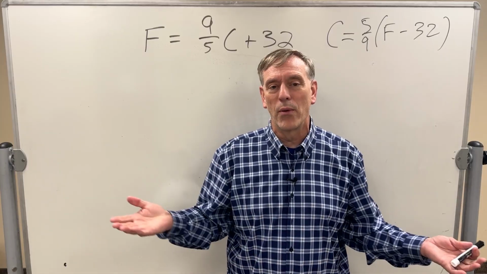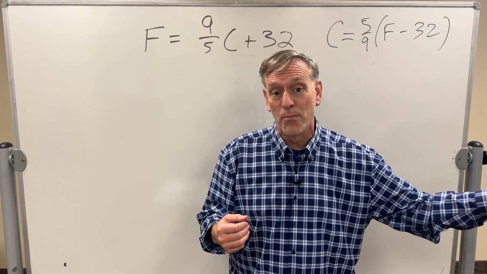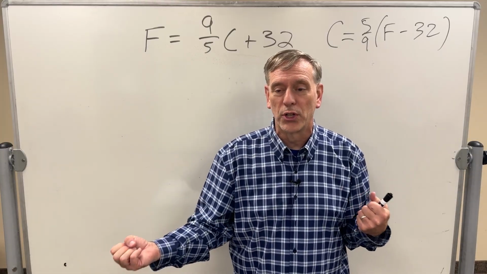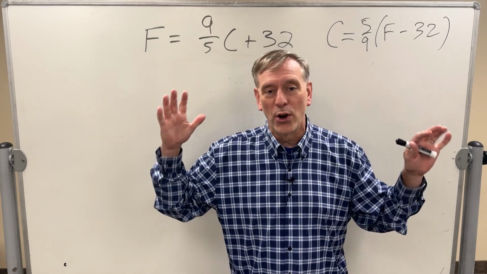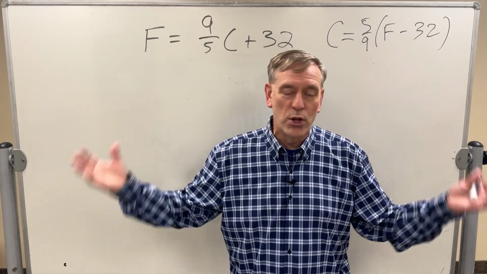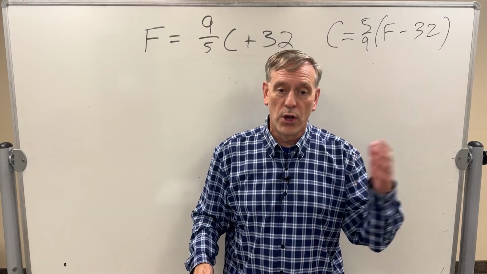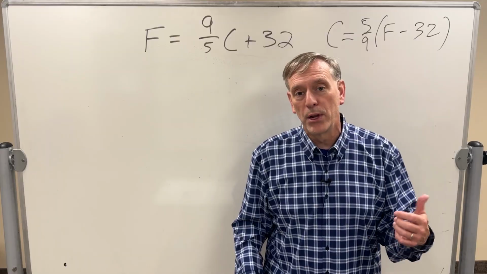Now the reason we get away with going from kilograms, which is a measure of mass, to pounds, which is a measure of force, is because the gravitational pull on Earth is universal, 32 feet per second squared, or if you're on the metric system, 9.8 meters per second squared.